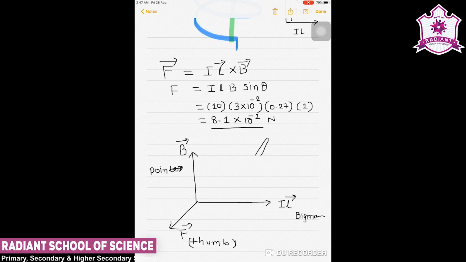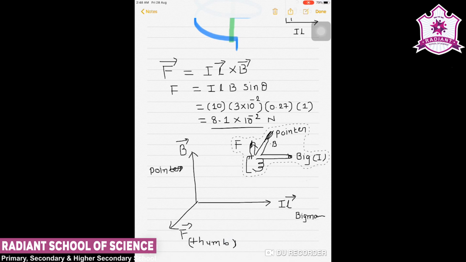If this is the pointer, this is the middle finger, then the direction of the thumb like this gives the force. The pointer has the magnetic field, the middle finger has the current, so the thumb will have the direction of force. This is called Fleming's left hand rule.